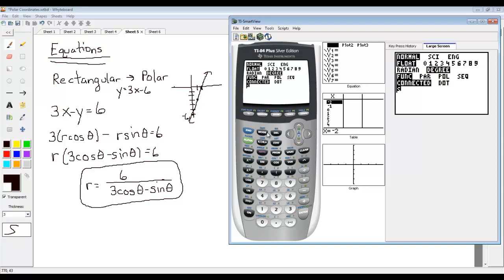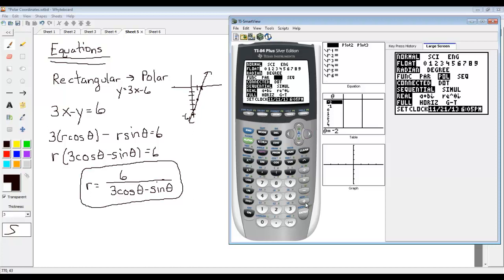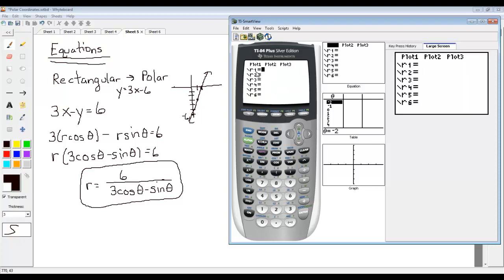Let's go to mode, and go down to where it says func for function, and we want to go to polar mode. So let's select polar, POL. You know, function, parametric, polar. So now when you go to y equals, instead of y1 you have r1.